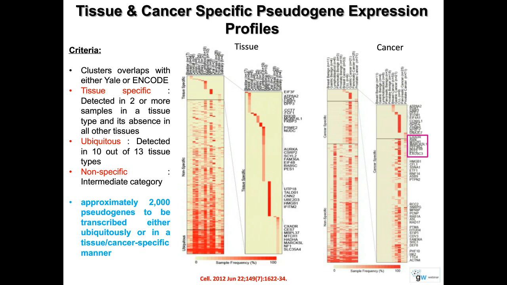In the rightmost figure, we show the separation of pseudogenes that are expressed in a cancer-specific manner, and the genes listed in the red box are the pseudogenes expressed in prostate cancer, which I will show in the next slide.